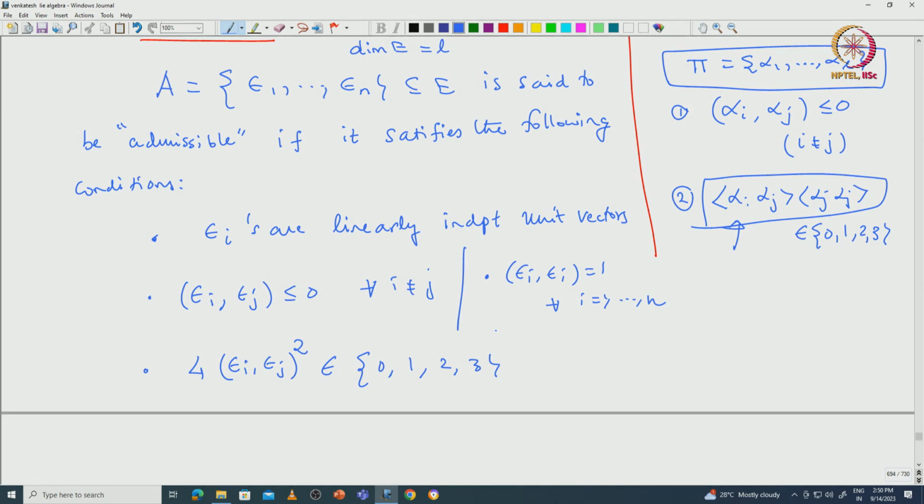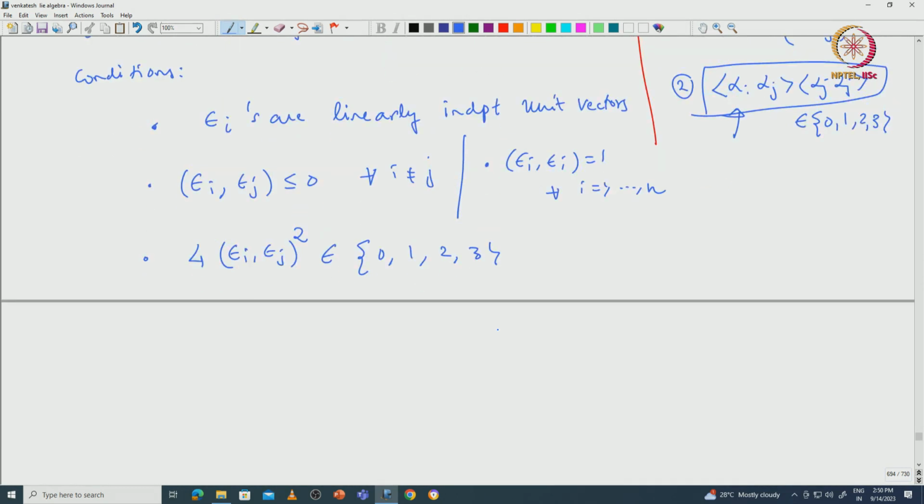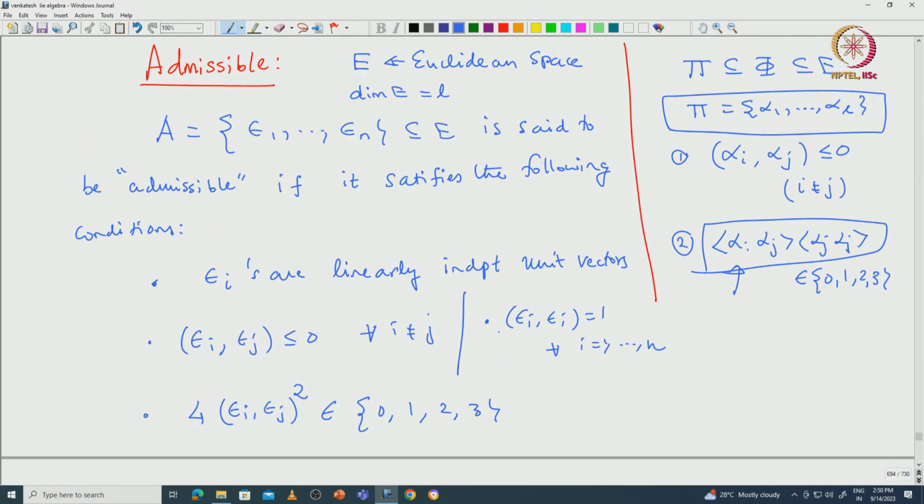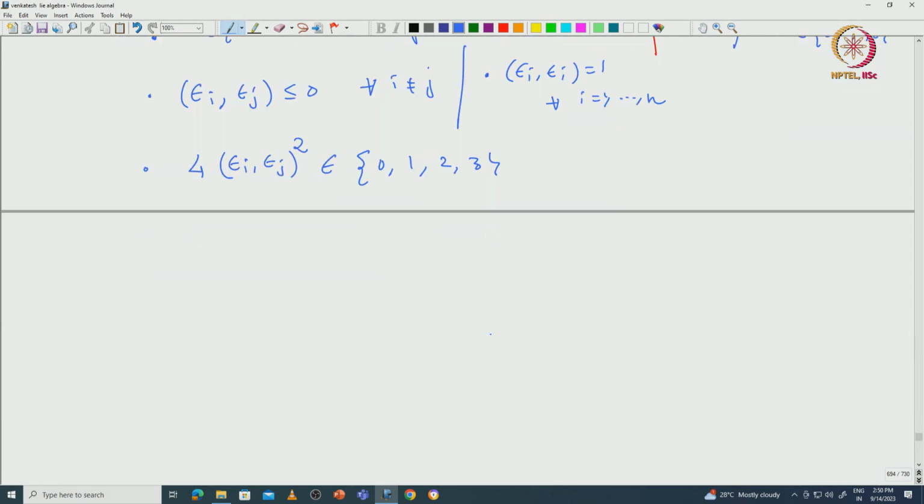So, what we are going to do is understand these admissible elements in terms of what we call the Coxeter graph of these admissible elements. Again, you can define this graph. We call it the Coxeter graph of A, denoted by G of A. If you think about Dynkin diagrams, except in types B and C, all other Dynkin diagrams are uniquely determined by their respective Coxeter graphs.